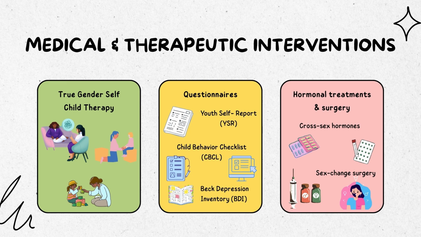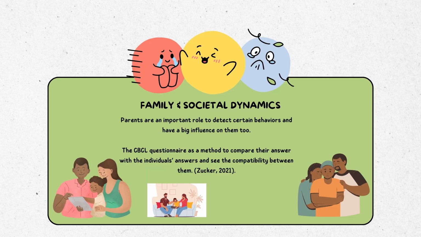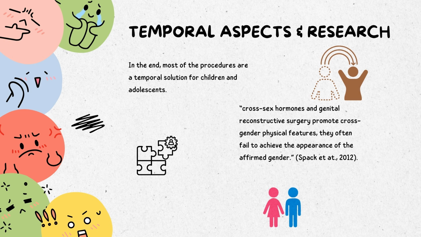The cross-sex hormones modify the hormones in your body to start modifying your body to the opposite sex.